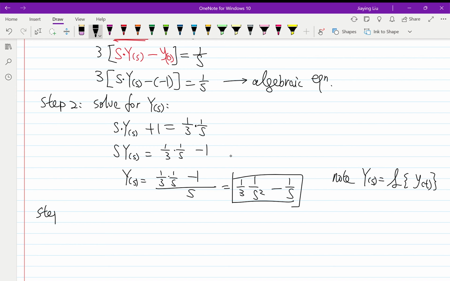So the last step, step 3, is to find y of t, the solution to the differential equation, using inverse Laplace transform.